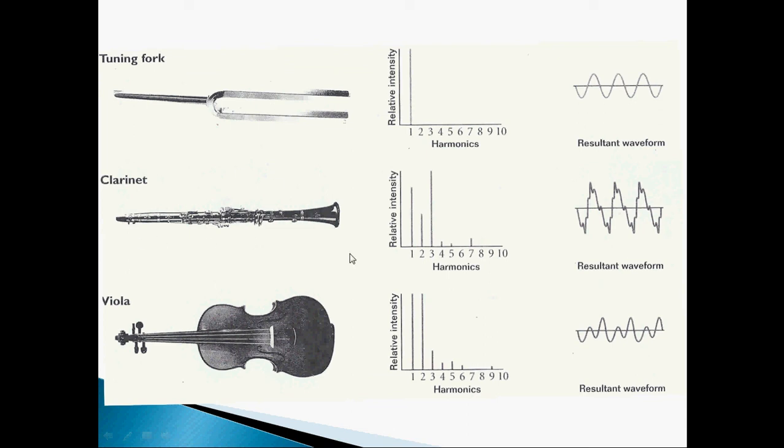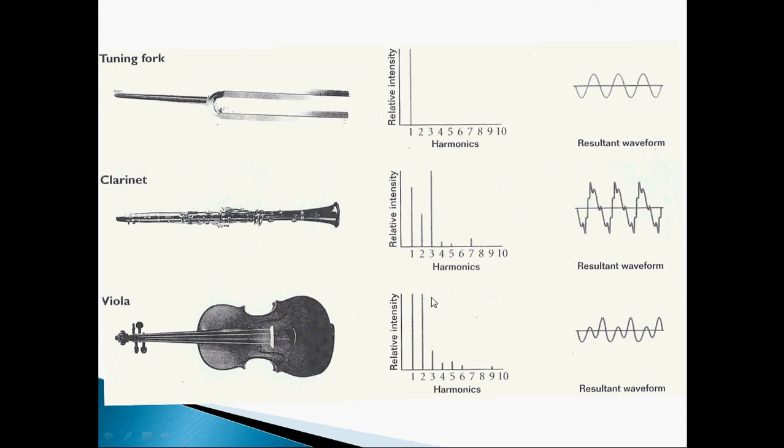A clarinet, on the other hand, has a good amount of that fundamental frequency, but then we've also got some second harmonic, a lot of third harmonic, little bits of the fourth, fifth, and seventh harmonic also being played. And that combination of harmonics is what gives us that nice, mellow sound of a clarinet playing that same note.